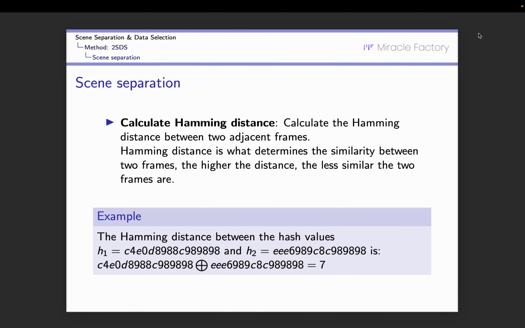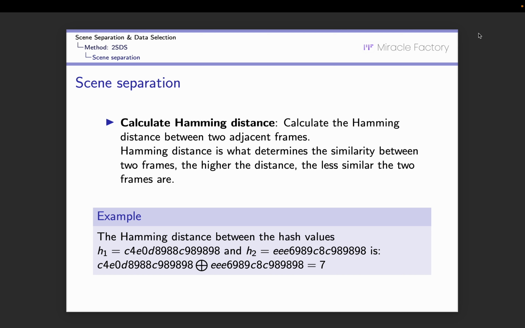And the last step of scene separation is to calculate the Hamming distance. The Hamming distance is essentially what determines the similarity between two frames. We have introduced before that one frame will be downsampled to an 8 by 9 grayscale image, and the grayscale image will become a 16-bit hash value.